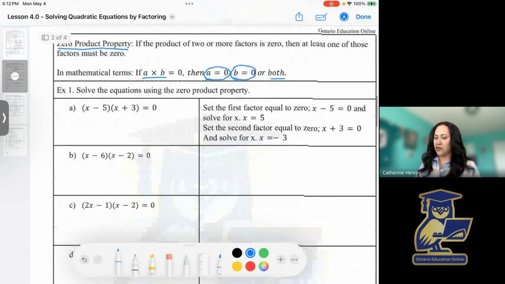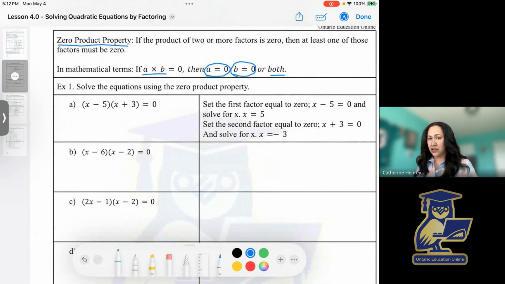So let's solve these factored forms of the quadratics using the zero product property. So x minus 5 is one factor, and x plus 3 is the other factor. And by the zero product property, either the first factor, x minus 5, is equal to 0, or the second factor, x plus 3, is equal to 0.